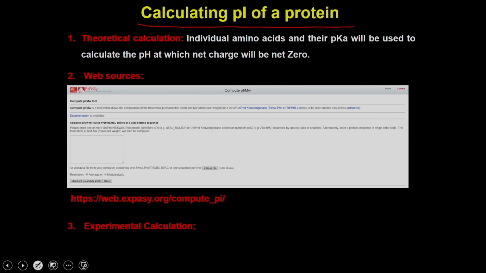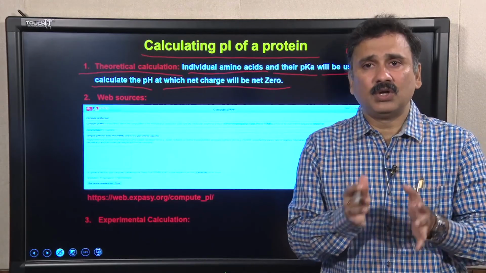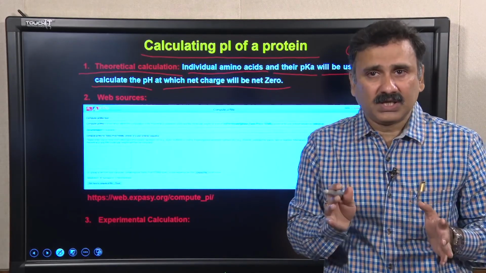One is to use theoretical calculations, which means if the amino acid sequence of a protein is known, then you can take the individual amino acids, and their pK values will be used to calculate the pH at which the net charge will be 0. So, what I am saying is the net charge, not the total charge actually.